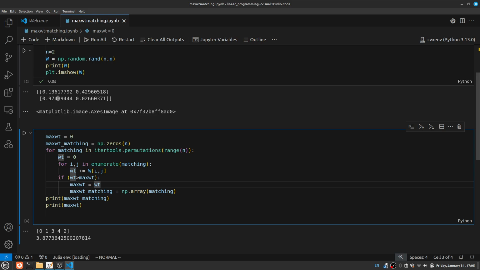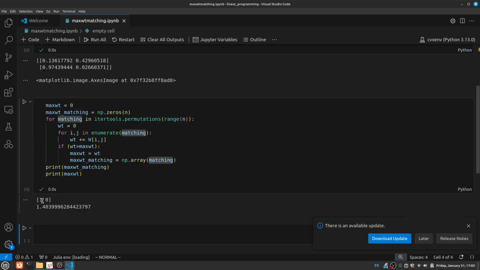So in this case, what is the maximum weight matching? It should be 1 gets mapped to 2 and 2 gets mapped to 1. So the maximum weight should be 0.97 plus 0.42. And that's correct.